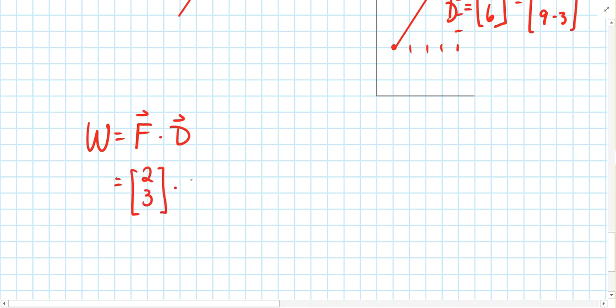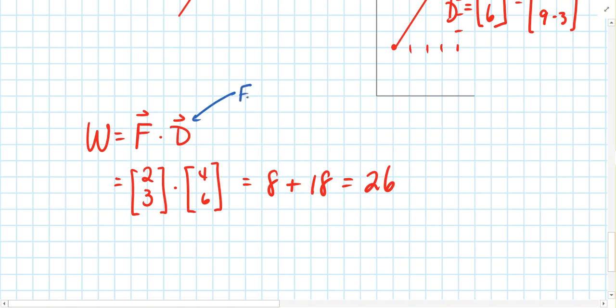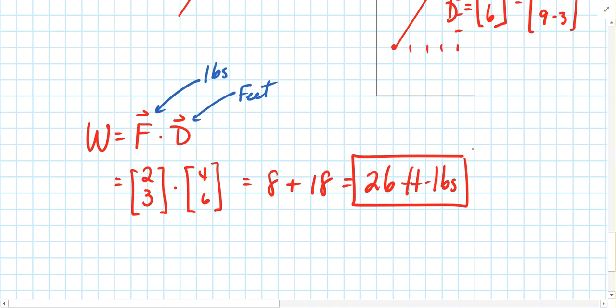And the distance vector was 4, 6. So the end result here is 2 times 4, which is 8, plus 3 times 6, which is 18, or in other words, 26. Now, as it turns out, our distance was measured in feet, and our force was measured in pounds. So our unit of measure here is going to be 26 foot-pounds of work.